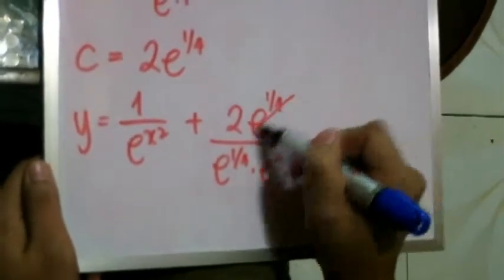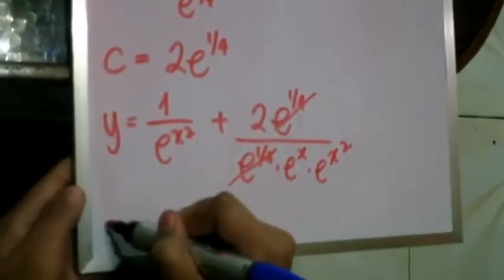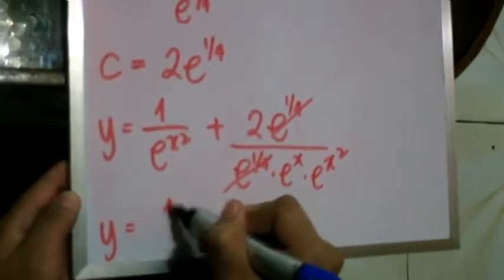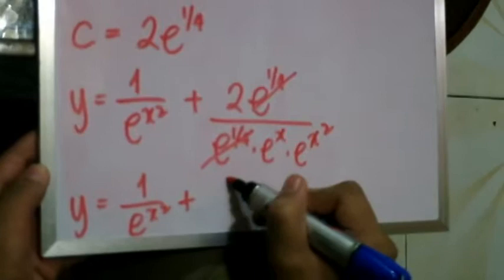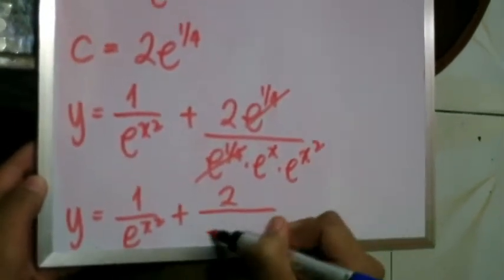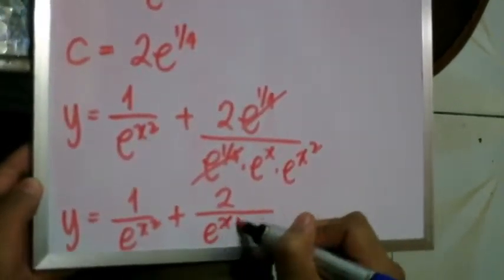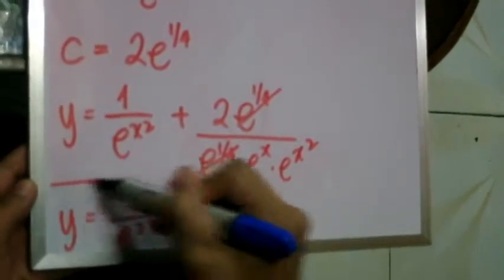And slashing out e to the 1/4, our new equation is y equals 1 over e raised to x squared plus 2 over e raised to x plus x squared.